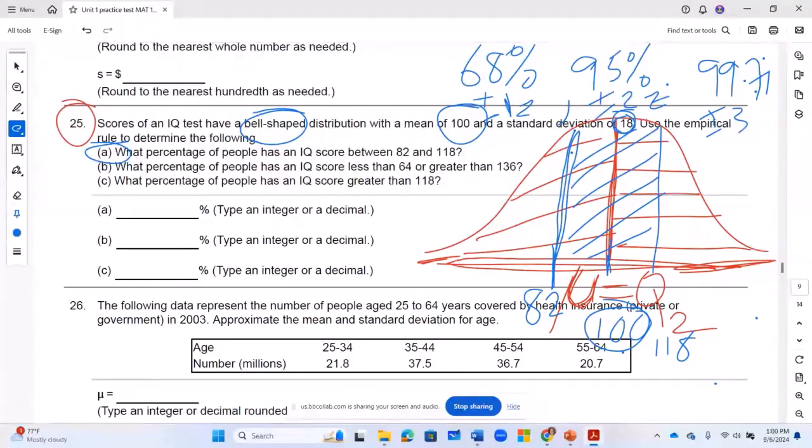The standard deviation is 18, so mean minus 18 is 82 and mean plus 18 is 118, and exactly 118 and 82 are here. Therefore, according to the empirical rule, the percentage is 68%.